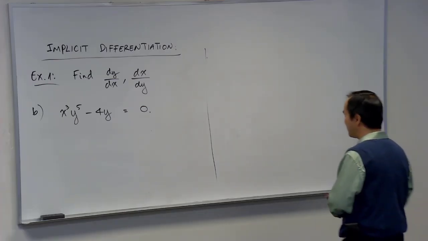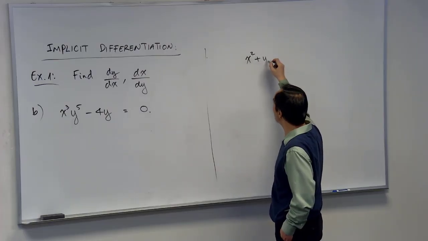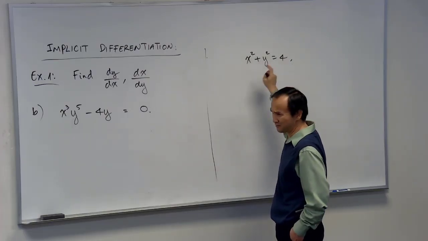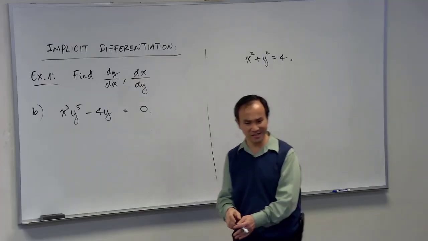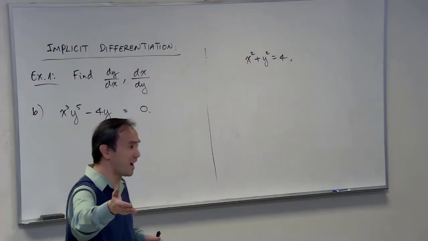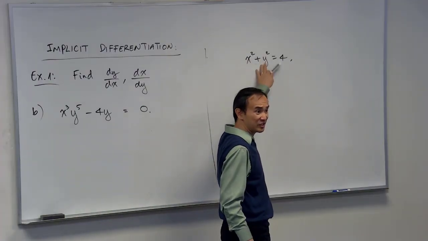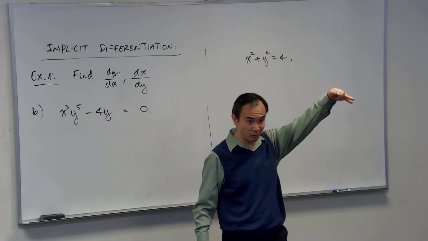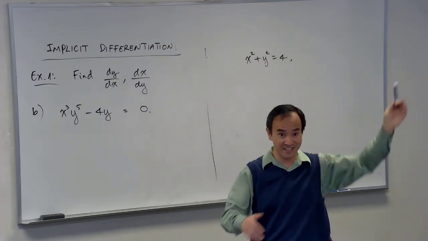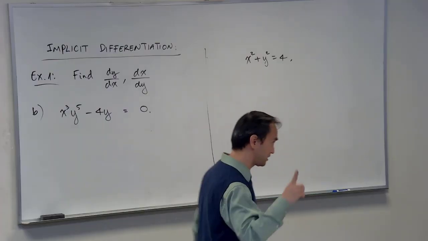See, so when I first introduced implicit differentiation, I was using x squared plus y squared equals 4, right? And so anyone, and it's not just you guys here, it makes perfect sense that you're not so convinced why we have to use implicit differentiation on something like this. See what I'm saying? Because we can easily solve for x in terms of y, or we can easily solve for y in terms of x, right? And then find the dy dx or the dx dy depending on what we want. But see, think about it.